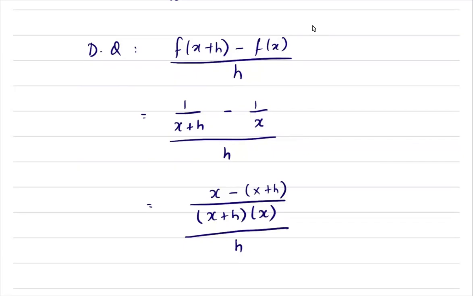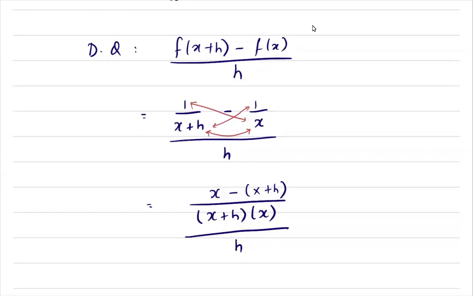Another way to look at this is this. Whenever you have two fractions which do not have a common denominator, remember the product of these two is your new denominator, and your numerator will be this times this, and in this case minus this times this, and that's what I have done.